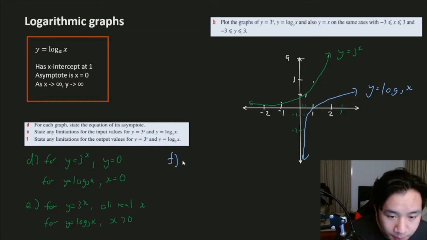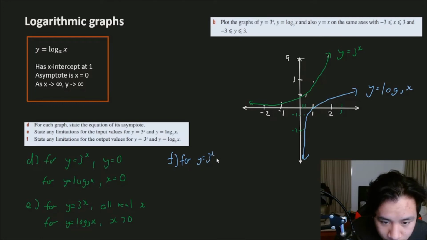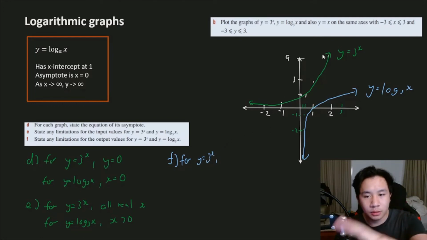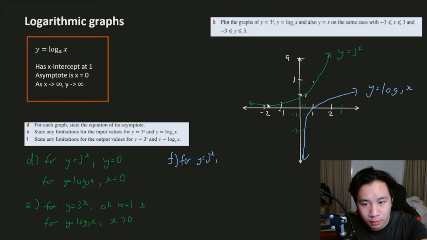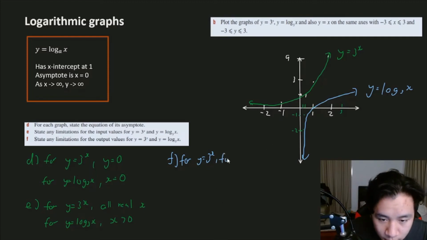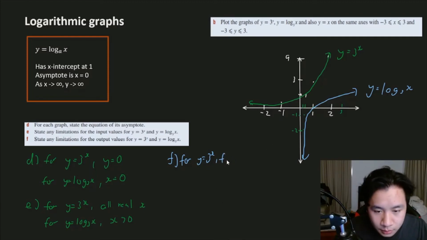Okay, so for y equals 3^x, for the exponential, you can see that the y values always have to be greater than 0. It can never be -1 or -2. It has to be y greater than 0.